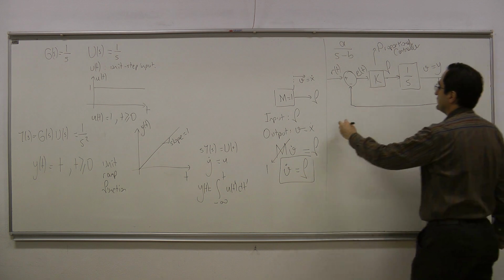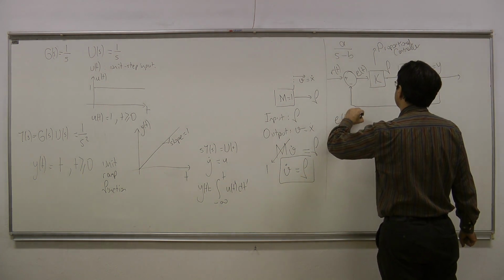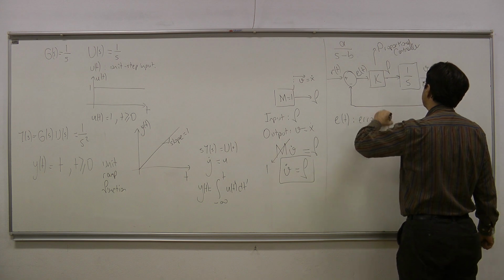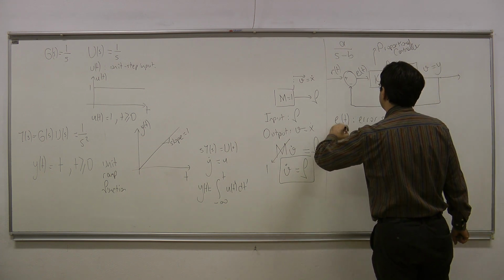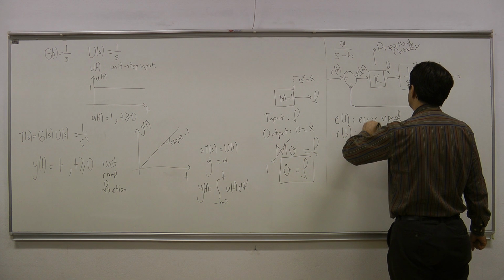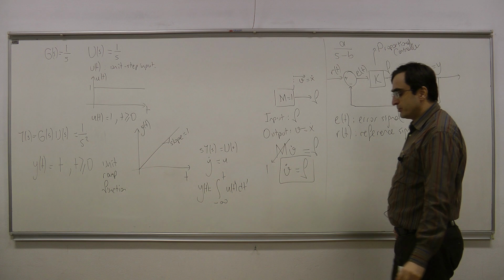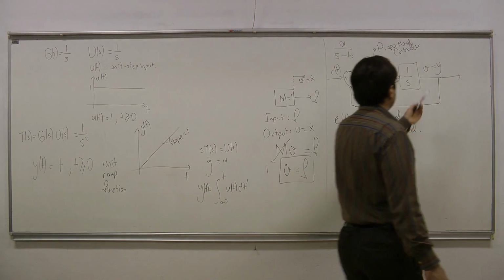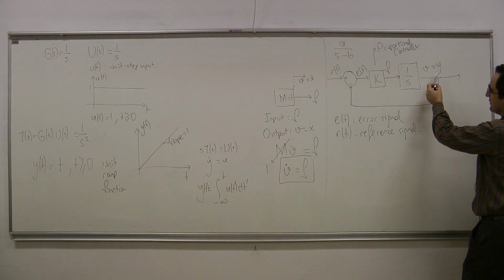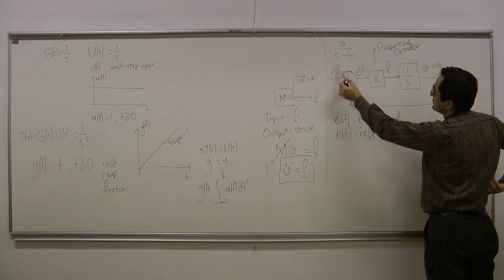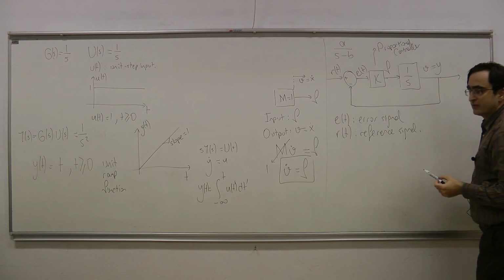It is the error signal, E of t, and R of t is the reference signal. So we would like to bring the actual velocity of the mass as close to the reference signal as possible.